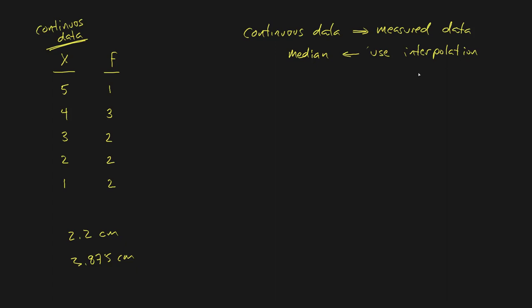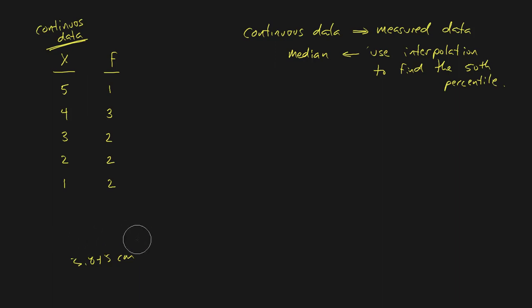Now, I showed you how to do that earlier. Interpolation, in this case, to find the 50th percentile. And so you may remember that there's a fair bit of work involved in doing that. So let's have a look at what we would do in this case.